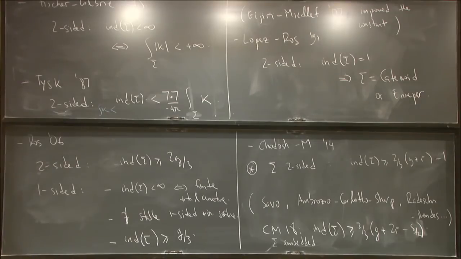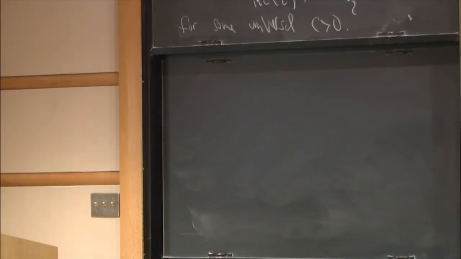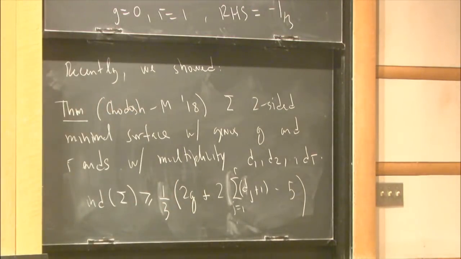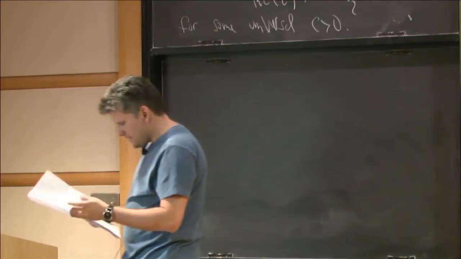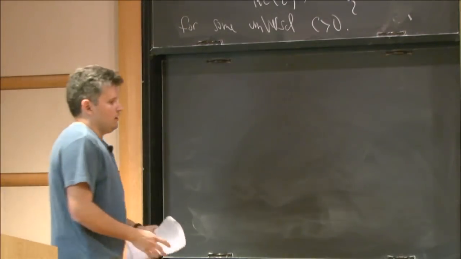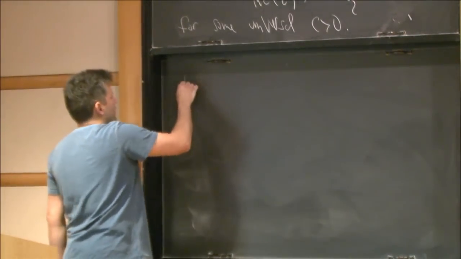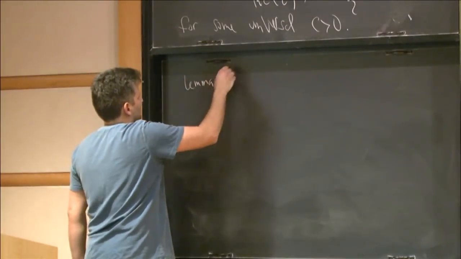Okay, all right. So for the last 2 minutes, let me say a little bit about the scheme of the proof, especially how it compares to the result of Ross. Then we can take a break. Ross's proof has a key lemma.